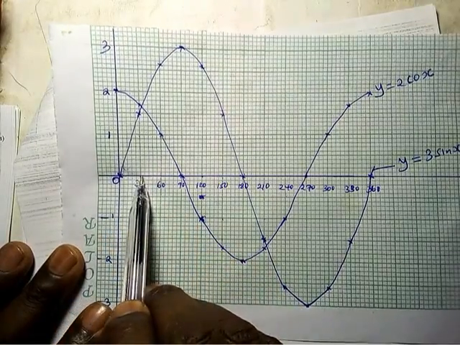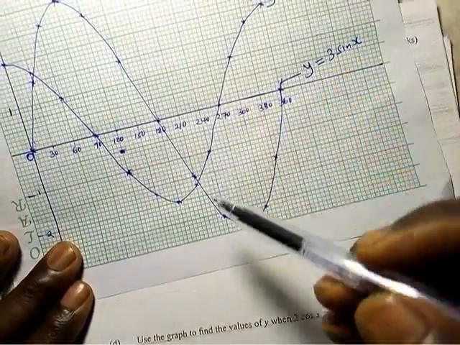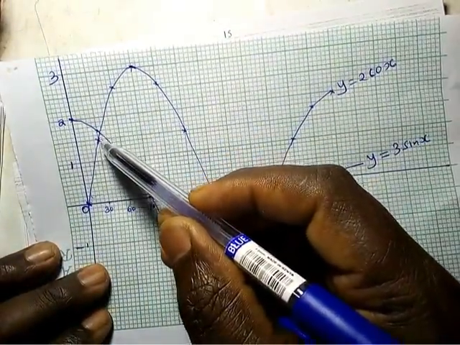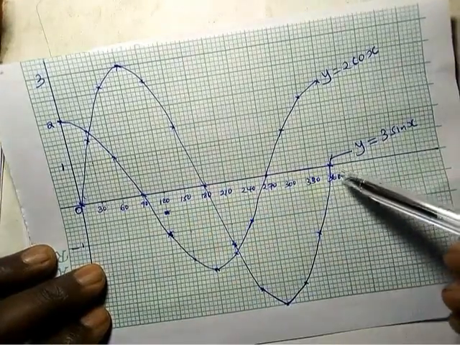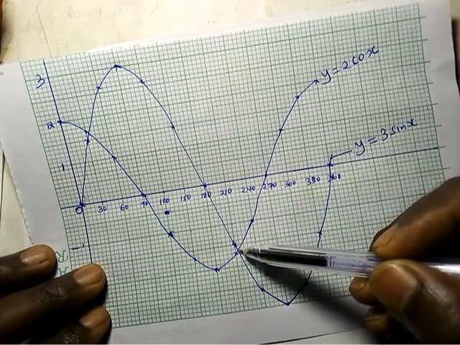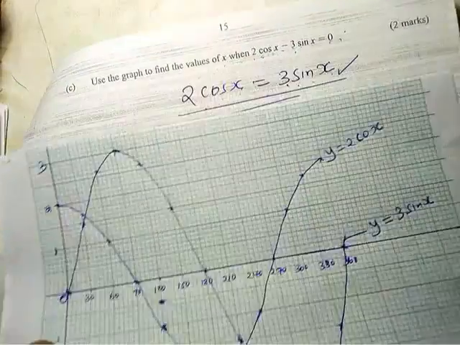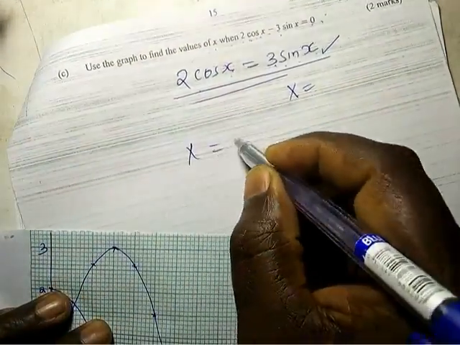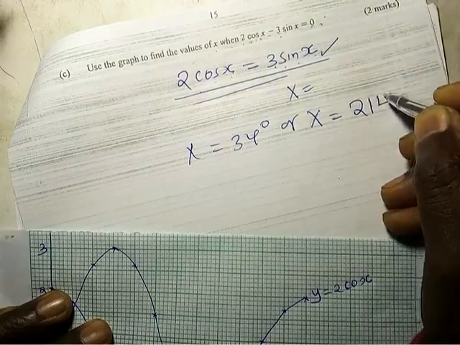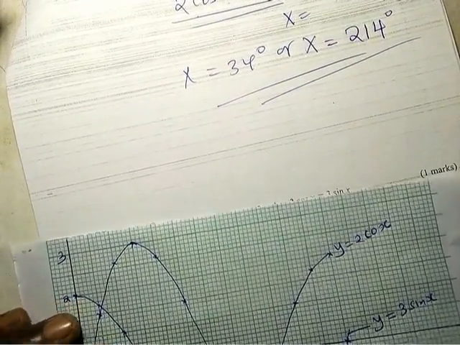As you can see, this one is 34, and this one is around 214. So x is equal to 34 degrees, or x is equal to 214 degrees. That is where the two curves meet, and that is the solution.